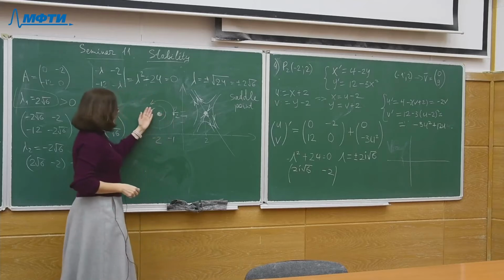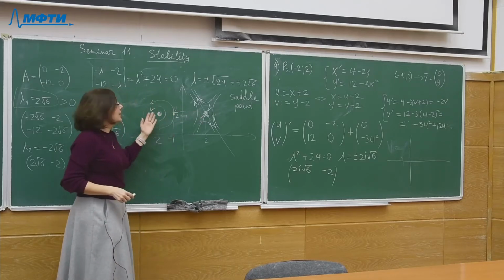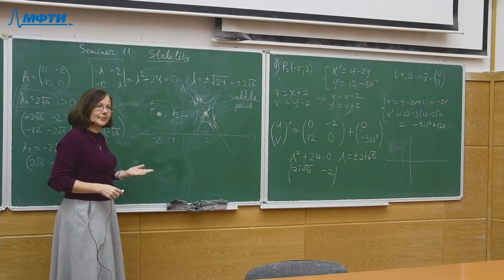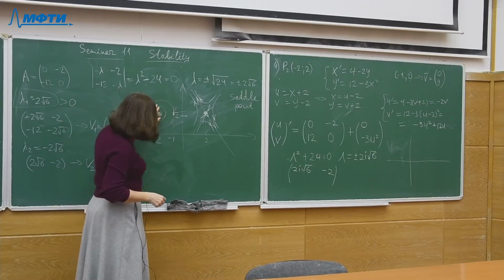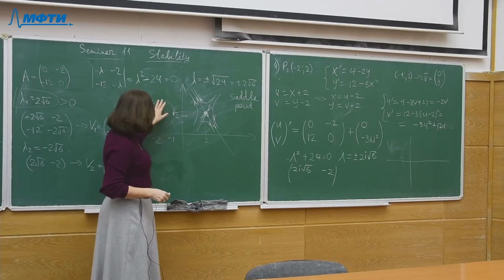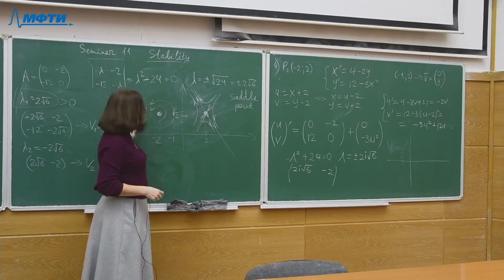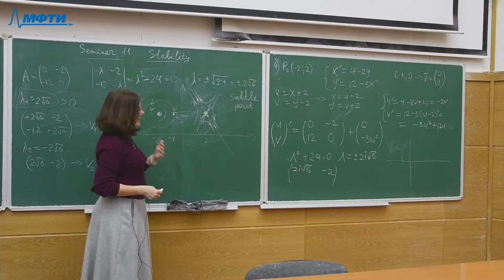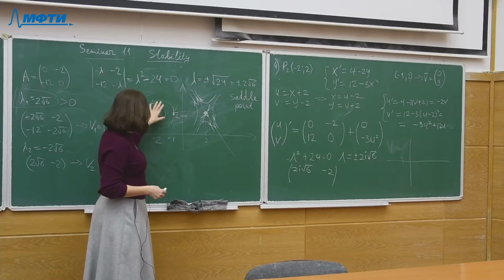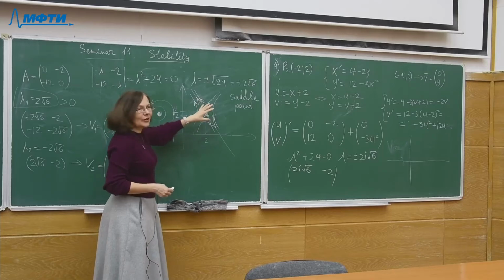Okay, so we have done qualitative analysis of this nonlinear system. Locally, it looks like this pattern, right? It resembles this pattern and this pattern. But globally, of course, it is impossible to do this having only the local analysis.